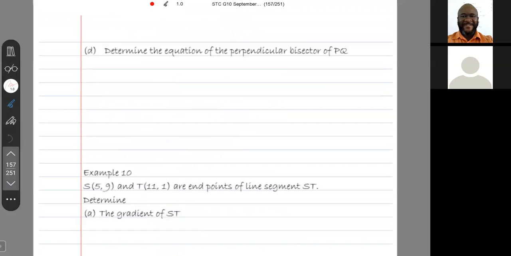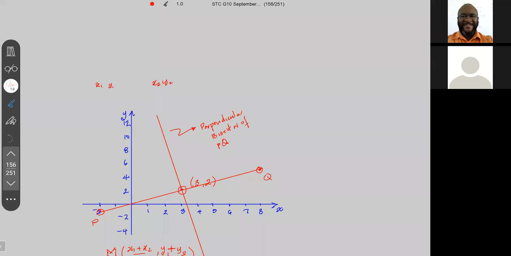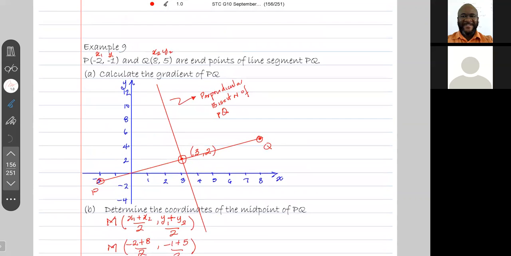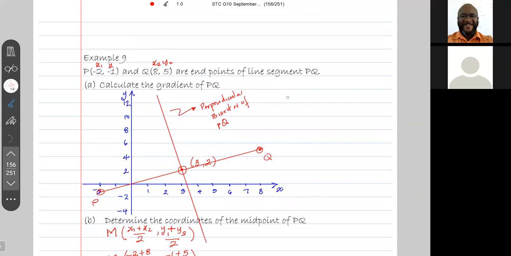Next, part B asks for the gradient. M is y2 minus y1 over x2 minus x1.